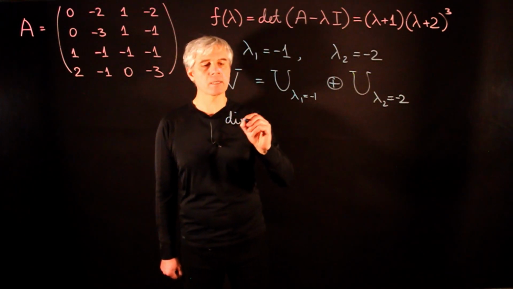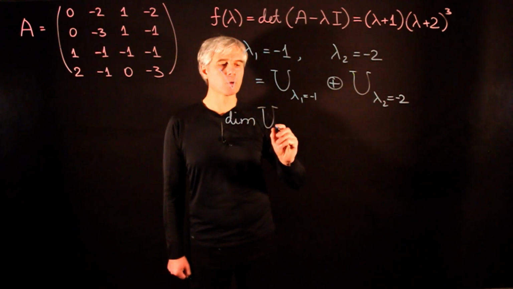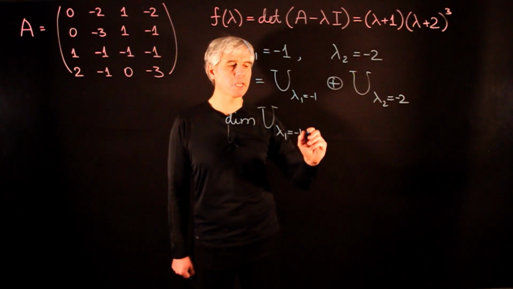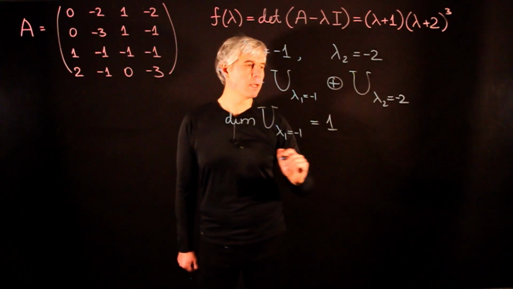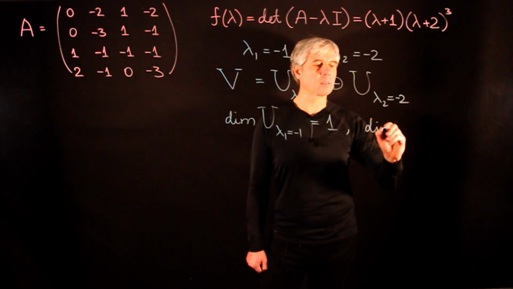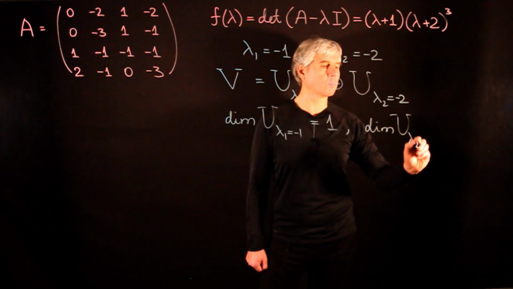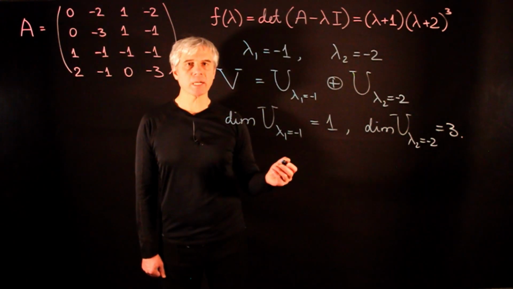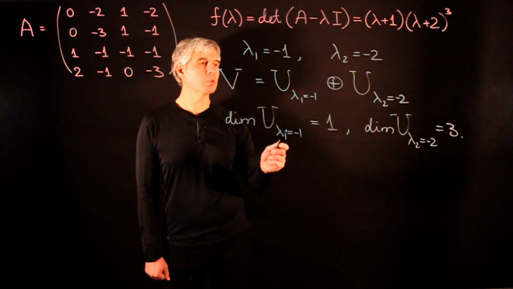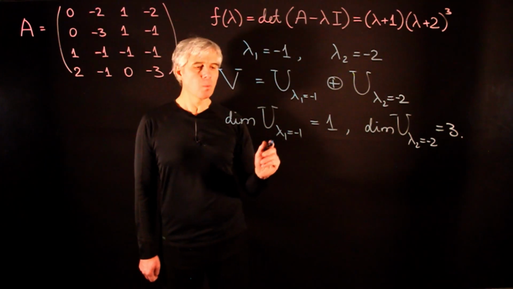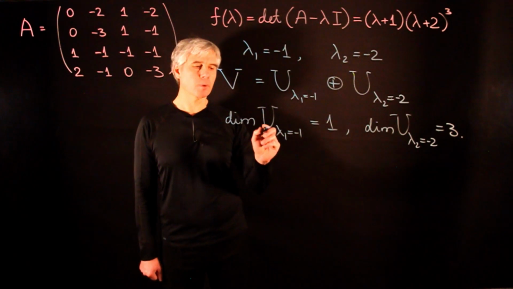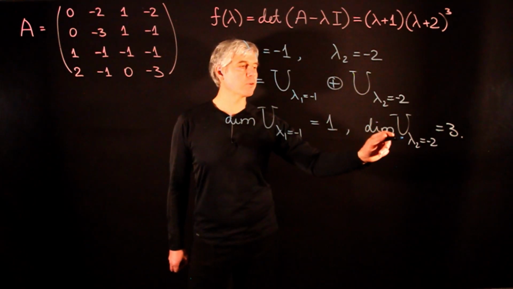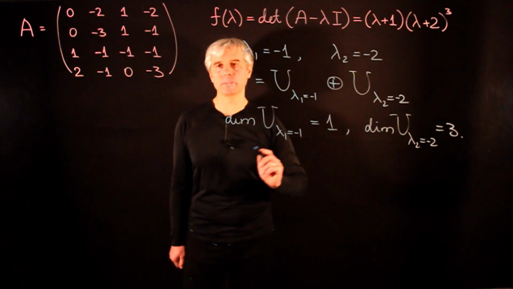So this tells us that the root space that corresponds to lambda 1 equals -1 has dimension 1, and the root space that corresponds to lambda 2, which is -2, has dimension 3. When constructing the Jordan basis, we're going to treat the eigenvalues separately. One basis vector will come from the root space of lambda 1, and 3 basis vectors will come from the root space of lambda 2.